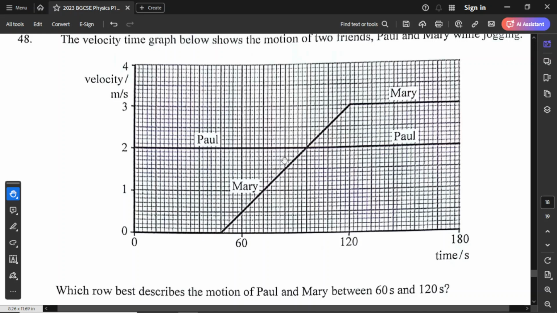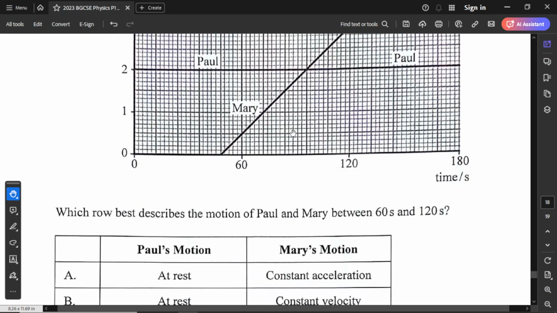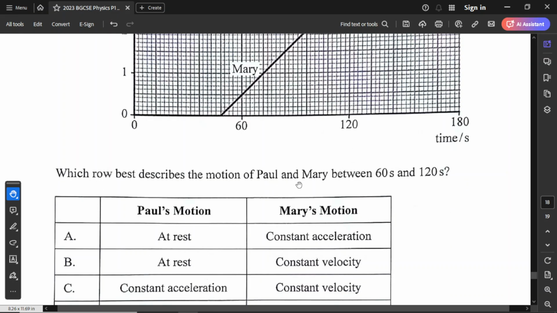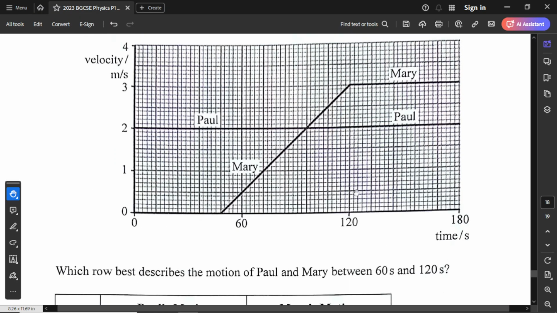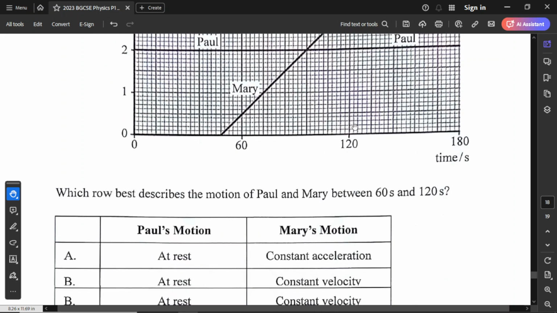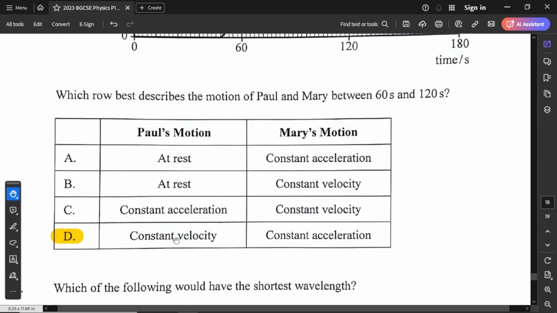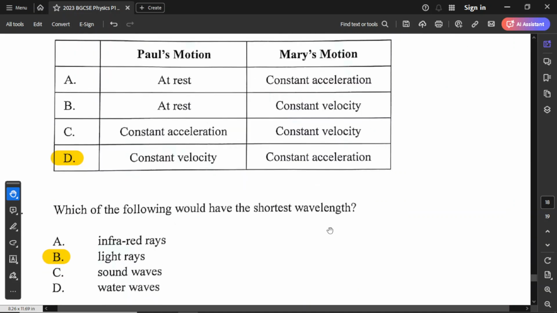It said which row best describes the motion of Paul and Mary between 60 and 120 seconds. So 120 is right here. This is where she was starting from this point to here, but Paul maintains the velocity. So for Paul the motion is constant velocity, but for Mary, constant acceleration. So this is the correct answer.